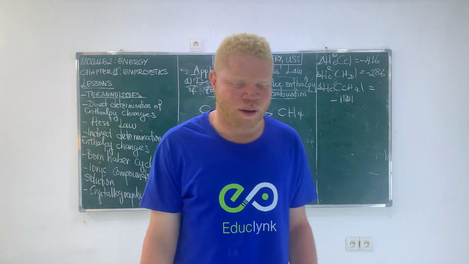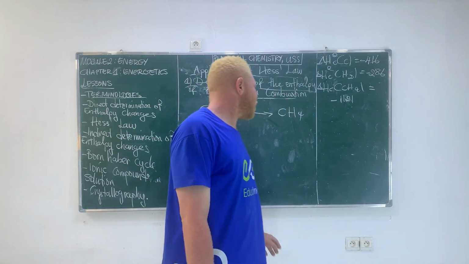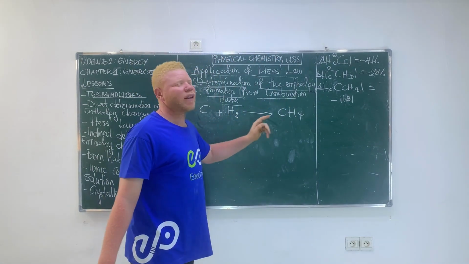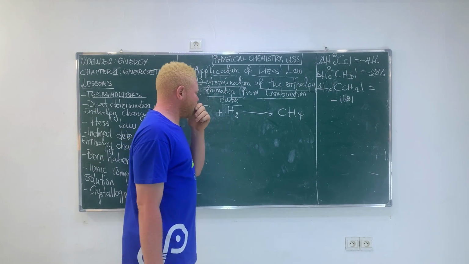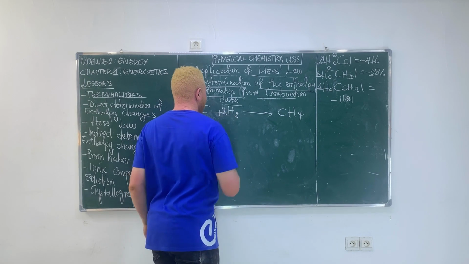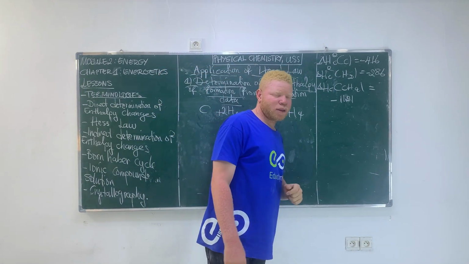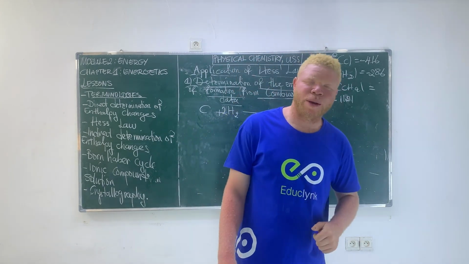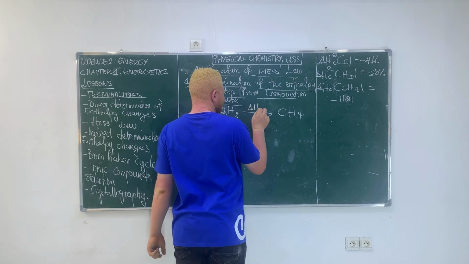I have to balance the equation. The number of carbon atoms on the left and the right are the same, so I have carbon on this side and carbon on the other side. But hydrogen is unbalanced. To balance it, I put 2 in front of H2, so that 2 times 2 is 4H. Now the equation is balanced. I'll call this delta H of formation.